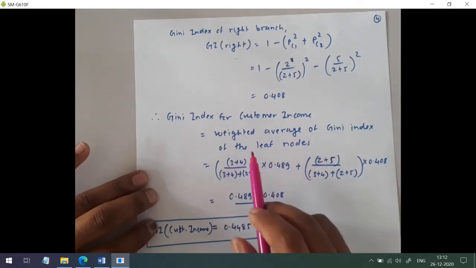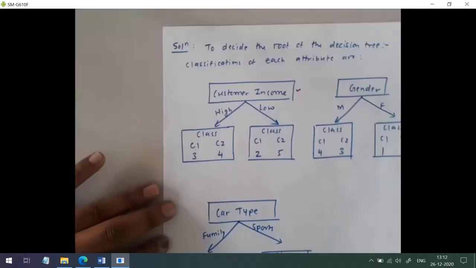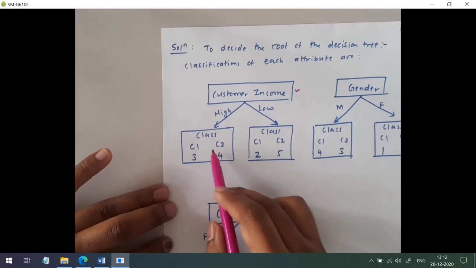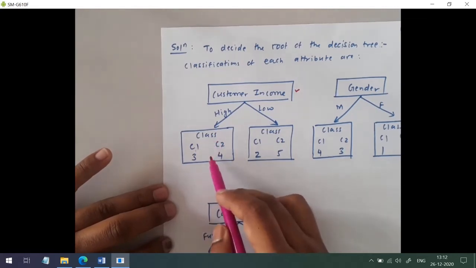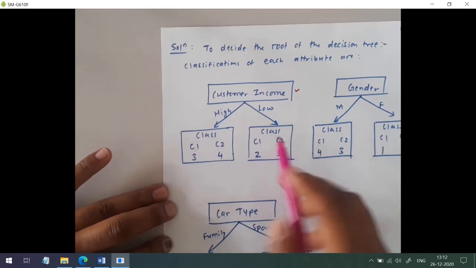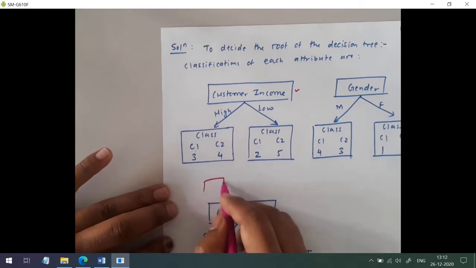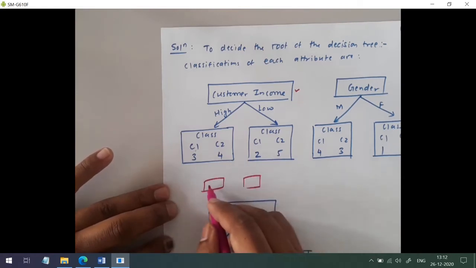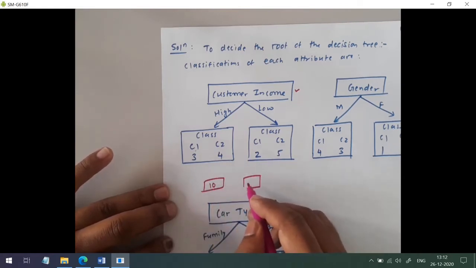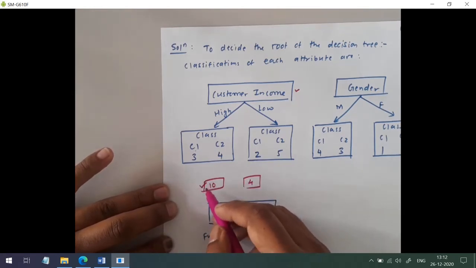Now how do we calculate the weighted average? In the left branch, how many instances are there? There are 7, and in the right branch again we have 7. If we have an imbalance, say the left branch has 10 and the right branch has 4, then we have to give more importance to the left branch.